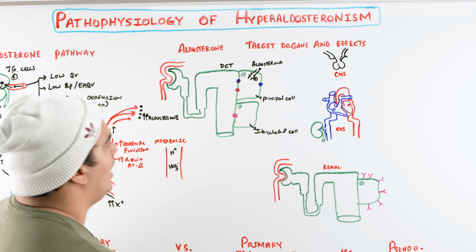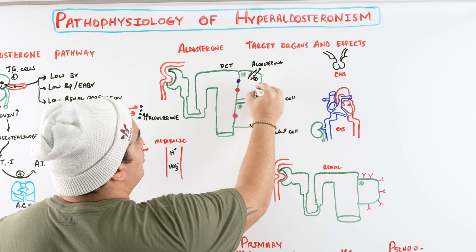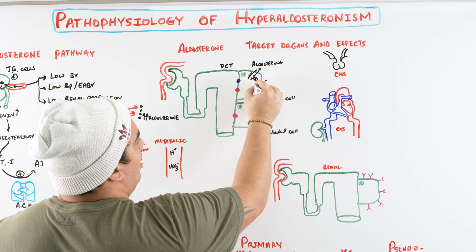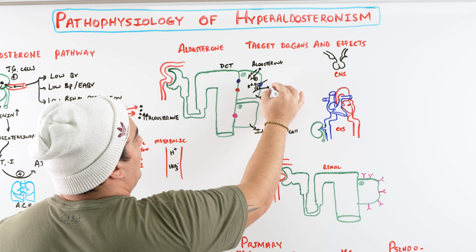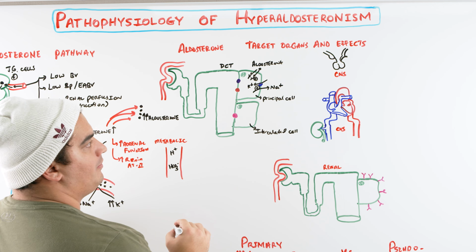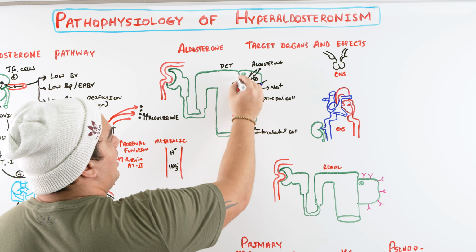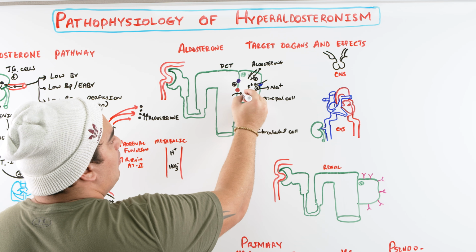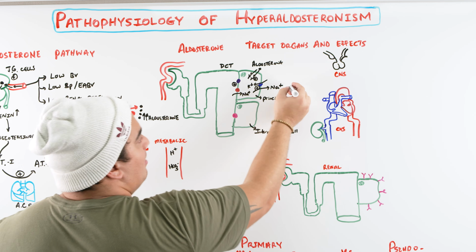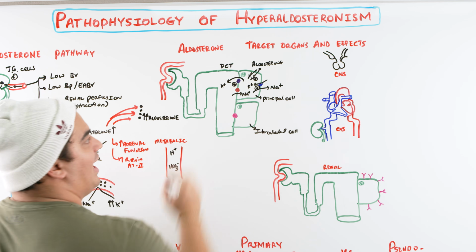What does it do here? In the principal cell, it increases the activity of what's called the sodium-potassium ATPase. So it pumps a lot of potassium into the cell and pumps a lot of sodium out of the cell. It also stimulates the activity of a sodium channel and a potassium channel on the apical membrane. So then we reabsorb more sodium into the cell and pump more sodium out of the cell, and we excrete potassium out of the cell.